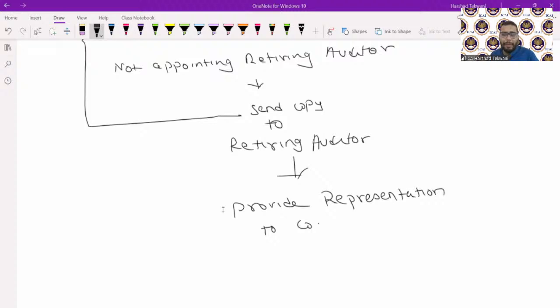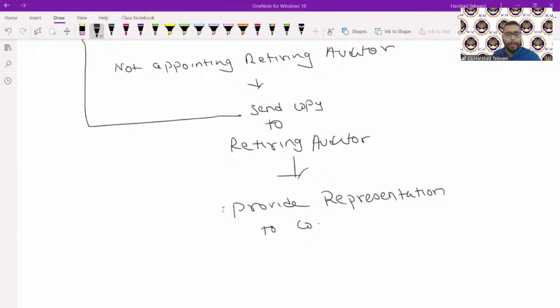Now, what will the representation be? He will state how his tenure was and mention all those things in his representation. If he sends the representation late and the company is not able to circulate it, then he has a right to read the representation in the general meeting.